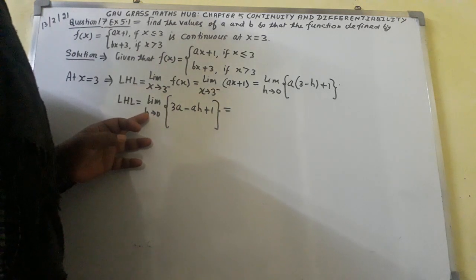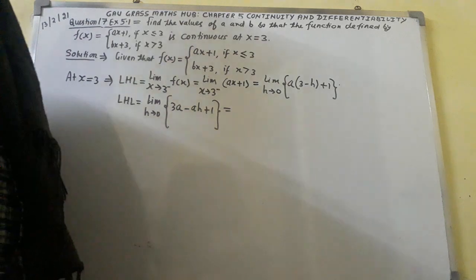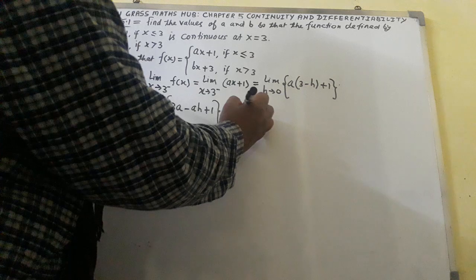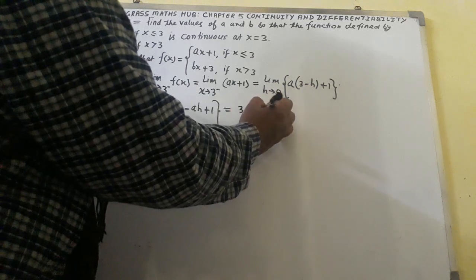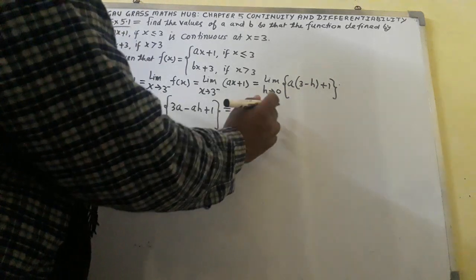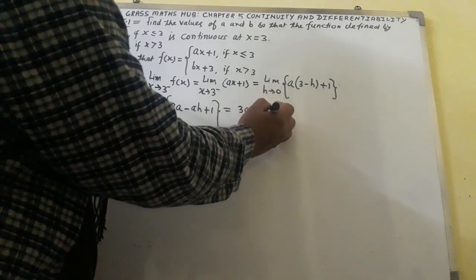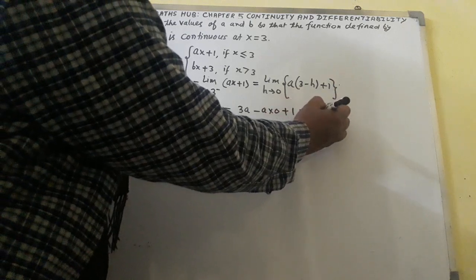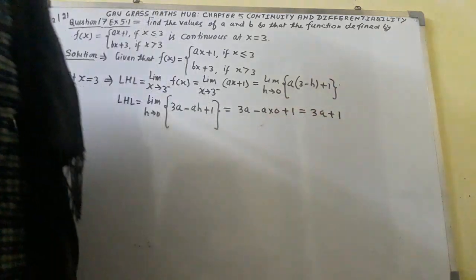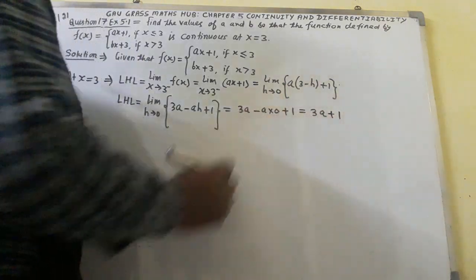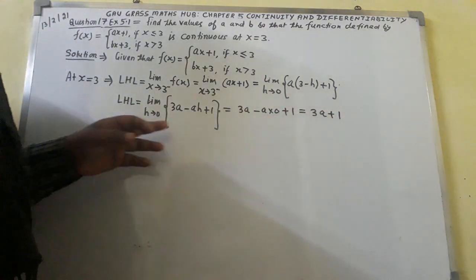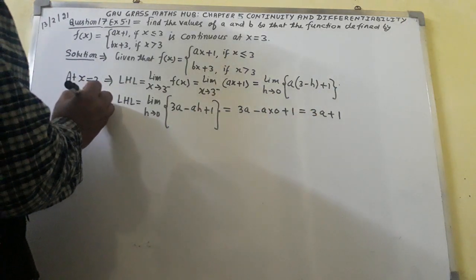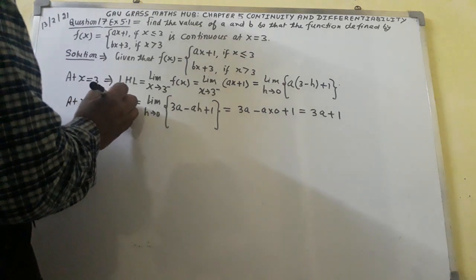Put the value of h equal to 0 here. It will become 3a minus a into 0 plus 1, which comes out to be 3a plus 1. So the left hand limit at x equal to 3 is 3a plus 1.